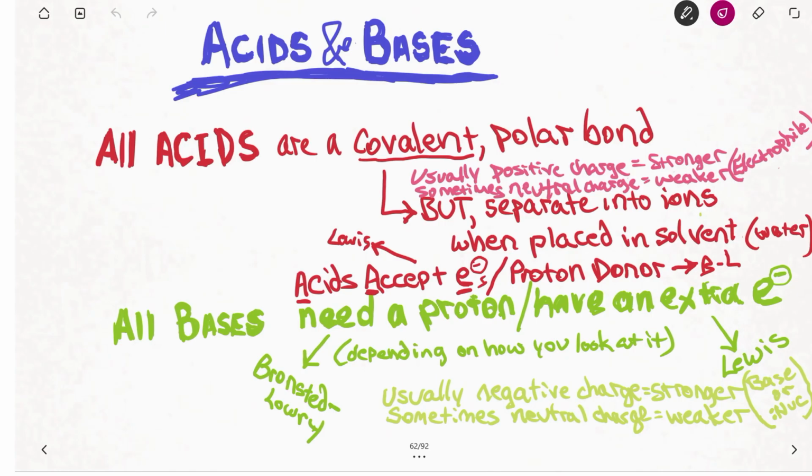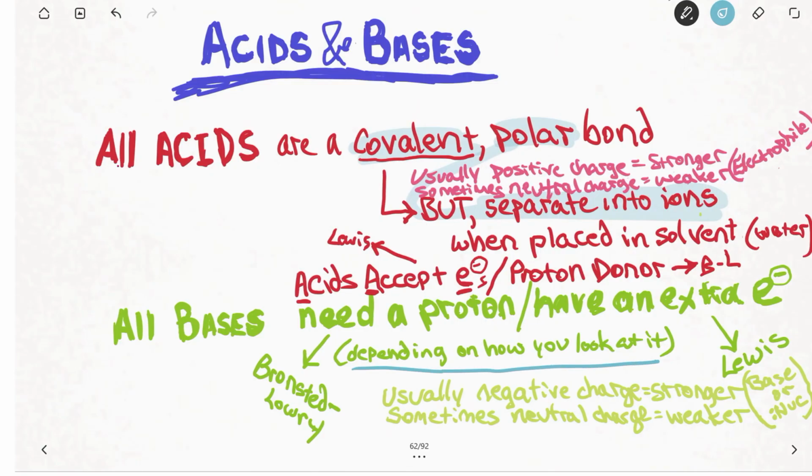Now, you also need to remember the basics about acids and bases, because it's going to be important to help you out in organic chemistry. Just remember, besides what I just told you, that acids are a polar covalent bond, and the polarity separates it into ions. But also remember that there are two ways of looking at acids and bases, depending on how you look at it.